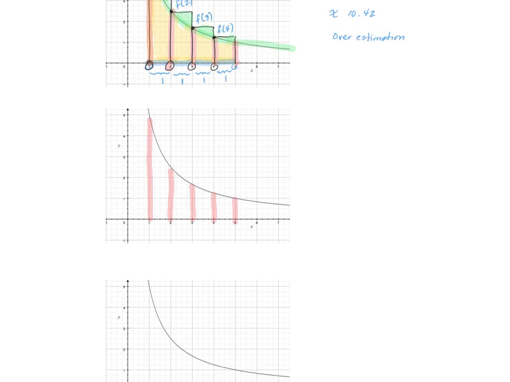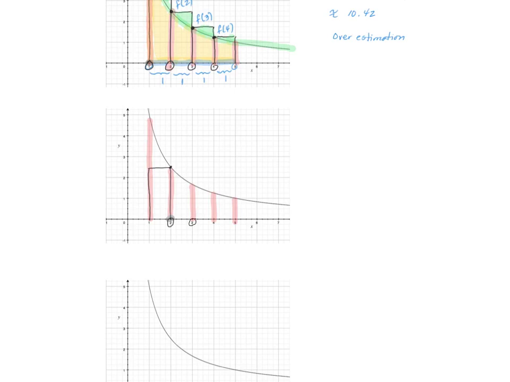But this time I'm going to start at the right endpoint for each one of these rectangles. So I'm going to start at 2, go up to my curve, and then draw my horizontal line and come down.